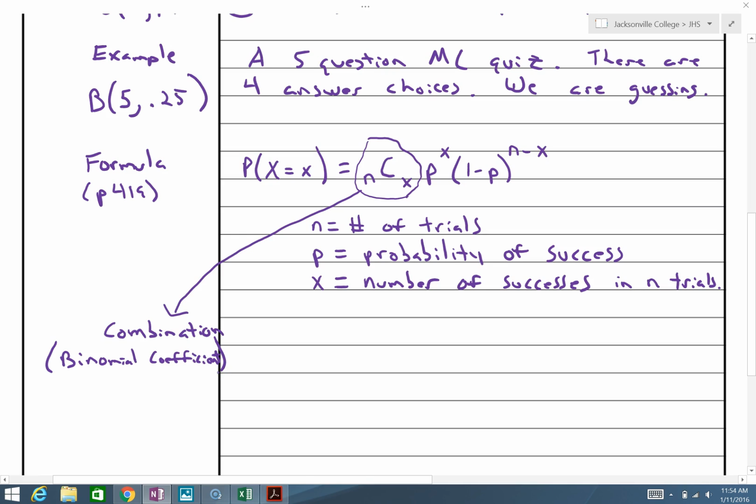And this n choose x, with a capital C and a little n and a little x as subscripts on both sides, is equal to n factorial, and this little exclamation point is that integer times all the integers below it down to 1. We've talked about this previously. Divided by x factorial times n minus x factorial.